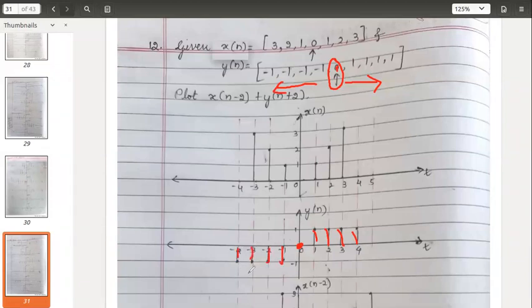Okay, this is how y of n is drawn. Check the range of y of n. It is -1, -2, -3, -4 and 1, 2, 3, 4. So the range is between -4 to +4, your y of n exists. So this is how we draw x of n and y of n.